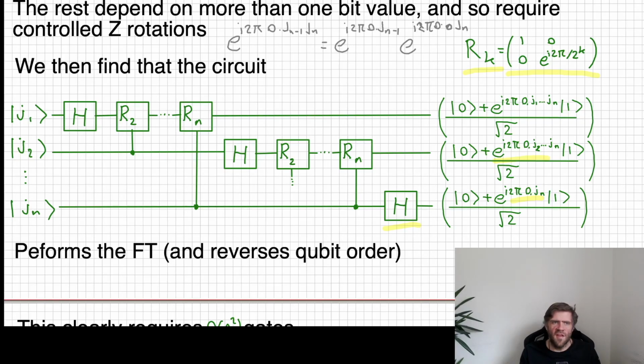So we can just take all of these contributions from each of the bits individually and create their corresponding phases, and we can do those by corresponding controlled rotations.